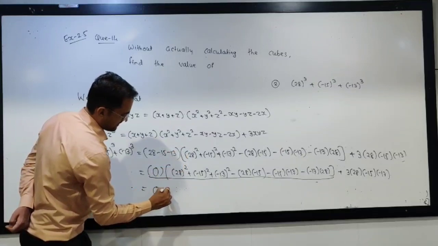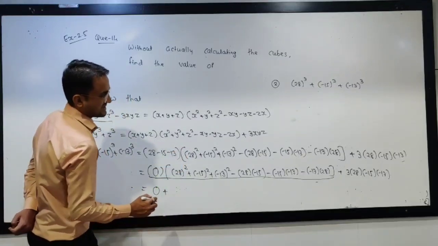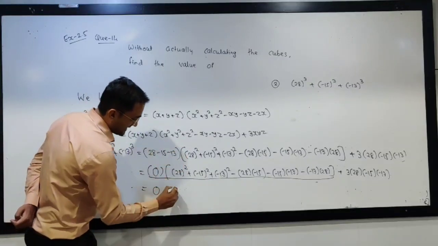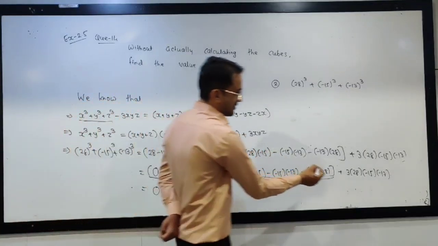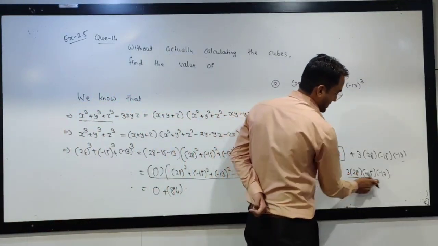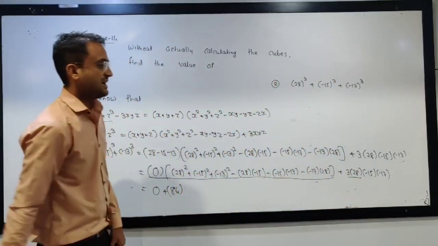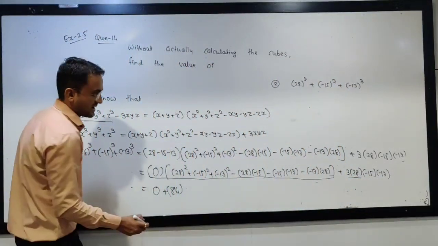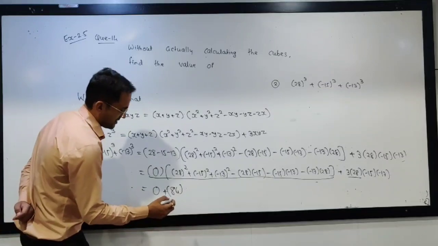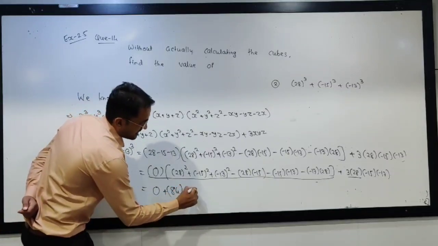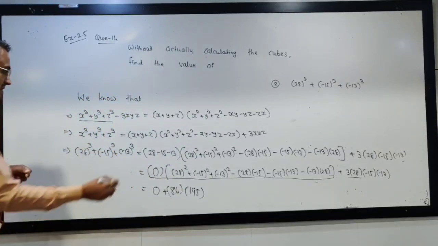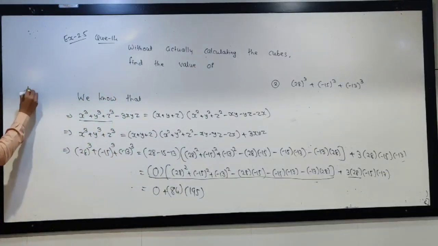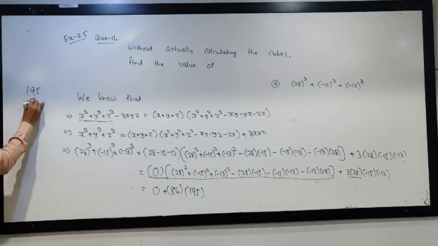Now that side, 28 3s are 84. Now the multiplication of these two, 15 into 30. 195... minus minus plus. Clear? Now what is the multiplication of these two?